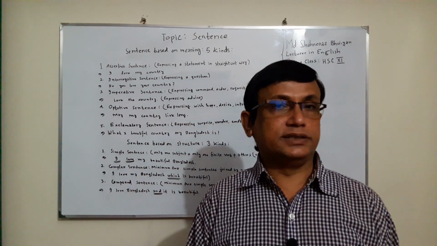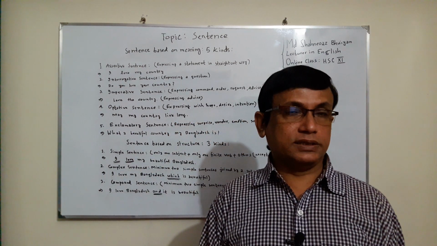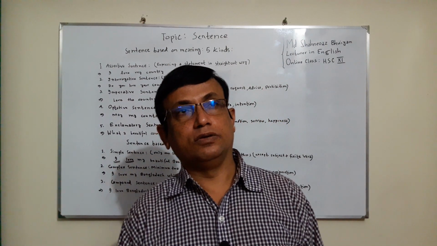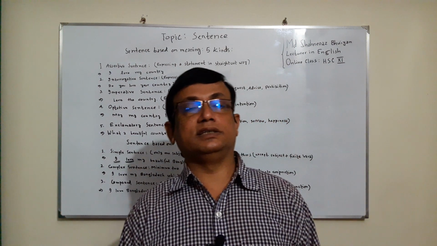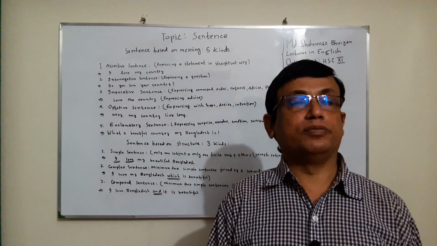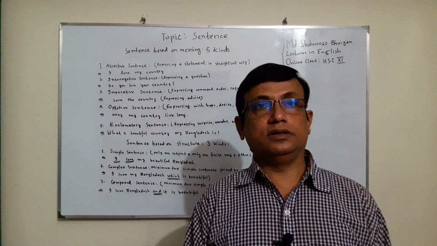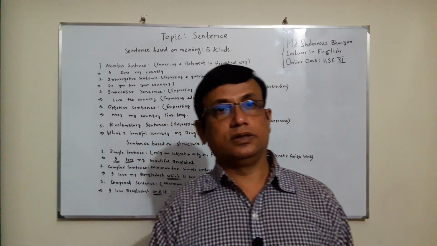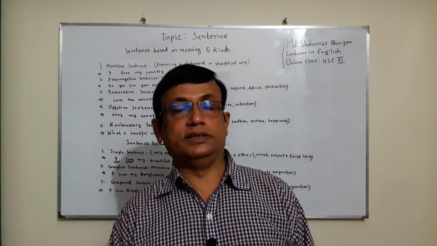For example, I can say, I love my Bangladesh, which is beautiful. Or in another way, I can say, I love my Bangladesh and it is beautiful. So we see that the actual meaning of these 3 sentences is the same, but the structures of the sentences are different.